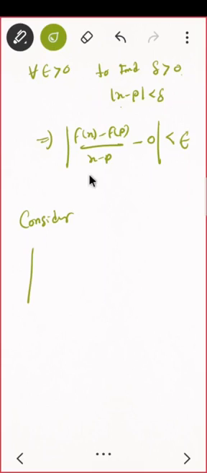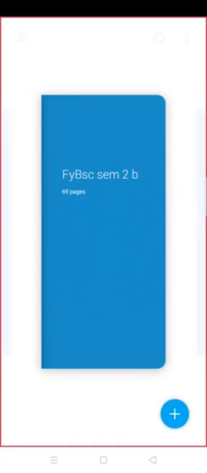That is quite clear. See, f of x का value is constant, f of p का value भी constant है. So numerator is 0, so everything is 0. So 0 is always 0 and that is less than epsilon, because my epsilon is a positive number. So your 0 is less than that epsilon, so that is trivial. That is true for any delta actually. You don't have to give any particular delta.